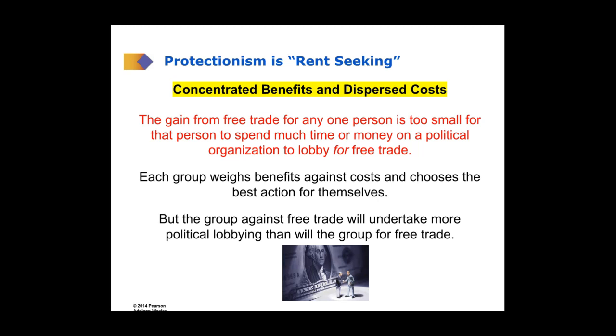And so we have this imbalance here. One of the reasons we ask why we have protectionism, why we have tariffs, why we have quotas, is this: the way you get these things is through the political system, and the political system is better suited towards small numbers of people with concentrated benefits who can make the efforts to get these things done.